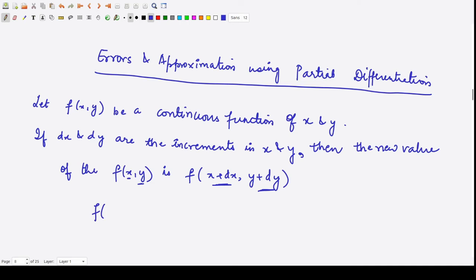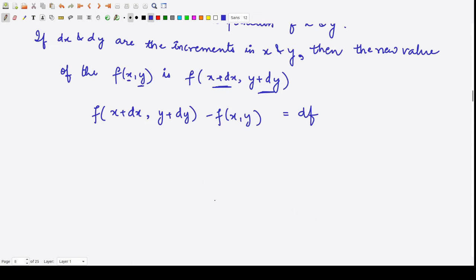Whatever is the difference in these two function values, f of x plus dx, y plus dy minus f of x, y, we call that df, using the Taylor series expansion. How do you obtain this from the Taylor series expansion?